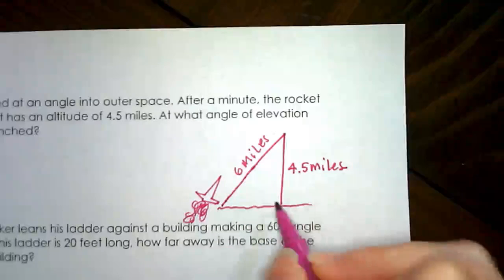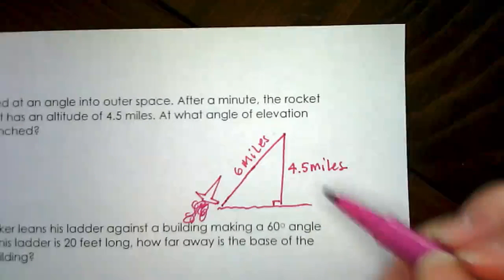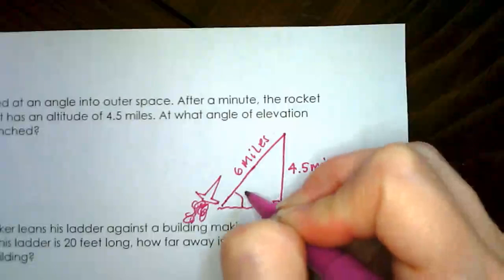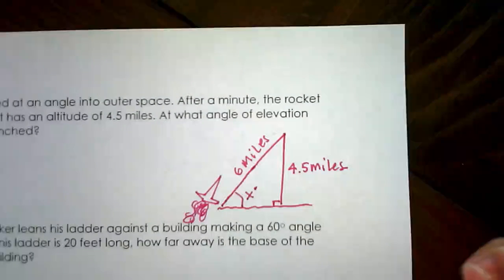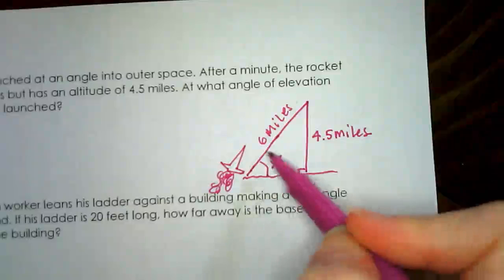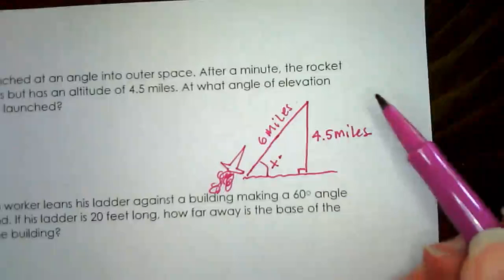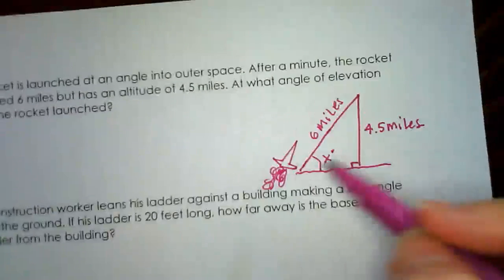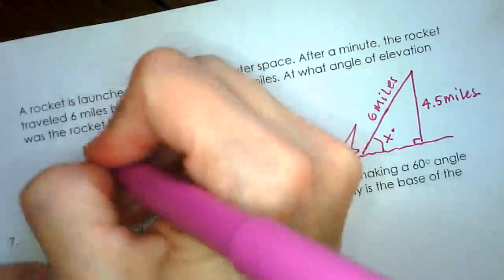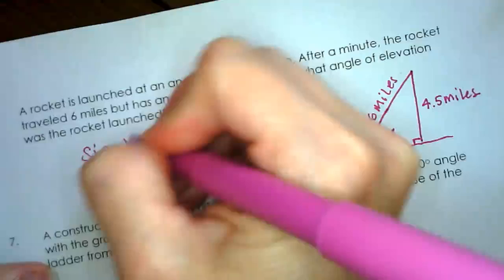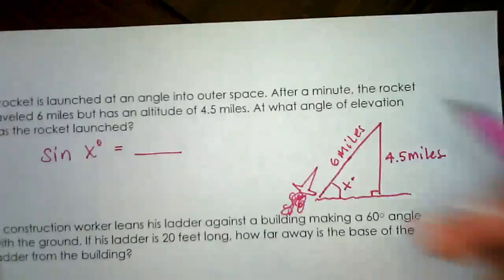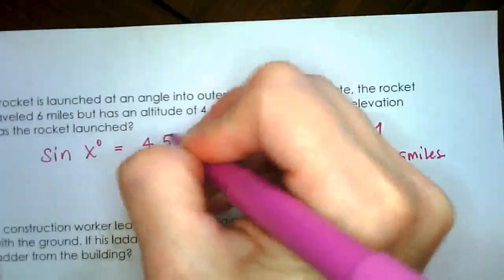So here's our ground here. This is supposed to be our right angle. All right, so the question is, what is the angle of elevation? So what we're looking for is the angle measurement, the angle of elevation that the rocket is going into the air. All right, so this looks like sine. So the sine of x degrees is, the opposite is 4.5.